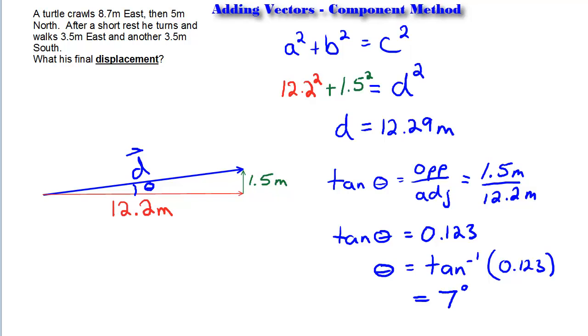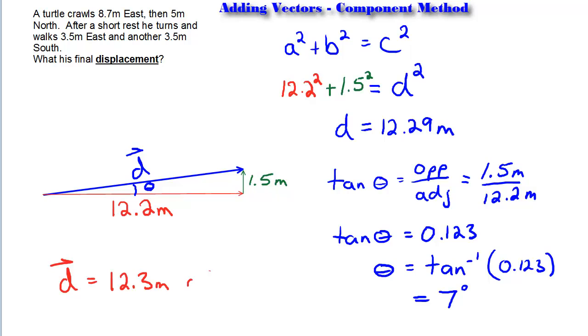My overall displacement is 12.3 meters, rounding off the 12.29, at 7 degrees, and it's swinging to the north of the east line. So north of east. There's my final answer.